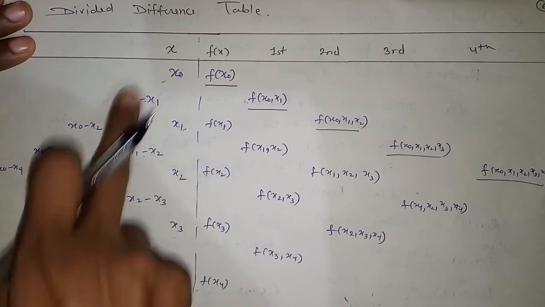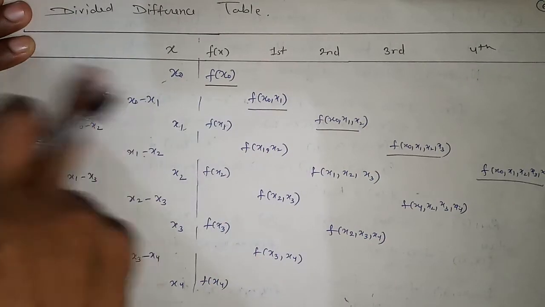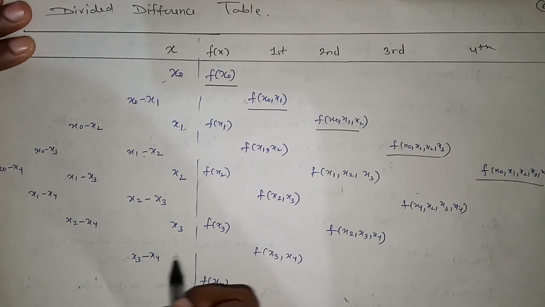Here we are finding the second column, so we divide by the second column of the left hand side part. For this one, f(x3) minus f(x4) divided by, in the same straight line, x3 minus x4. Now the first difference is over.